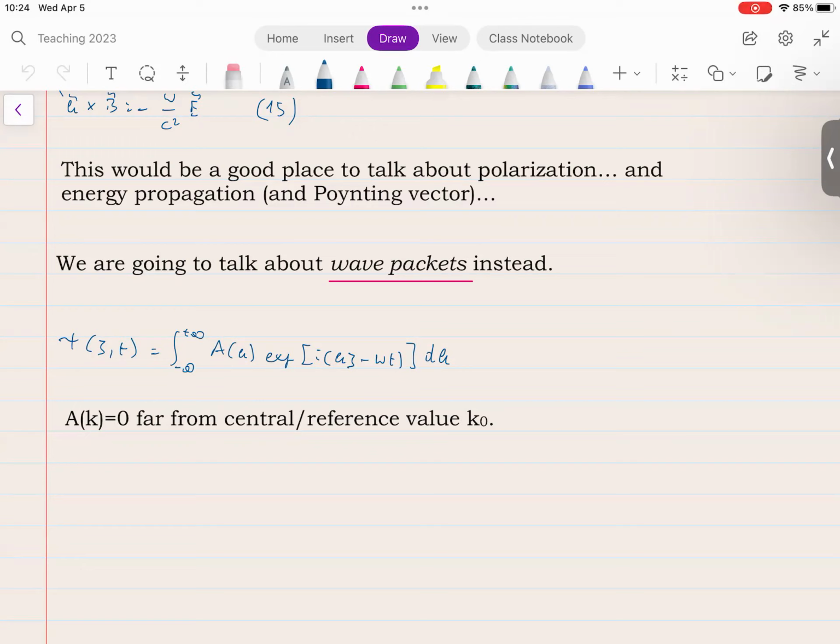So that's the idea of the packet. The packet is centered around that central wave number. And I should emphasize that this also corresponds to a small spread in frequency or angular frequency, around some central value omega 0.